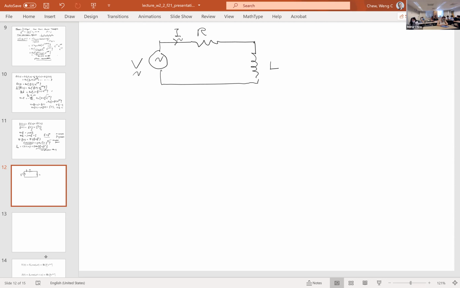All of us know how to solve this circuit problem. From circuit theory and the phasor world that we learned, the impedance is a complex number. The V-I relationship between them is this very simple thing, which means that V and I are not in phase.